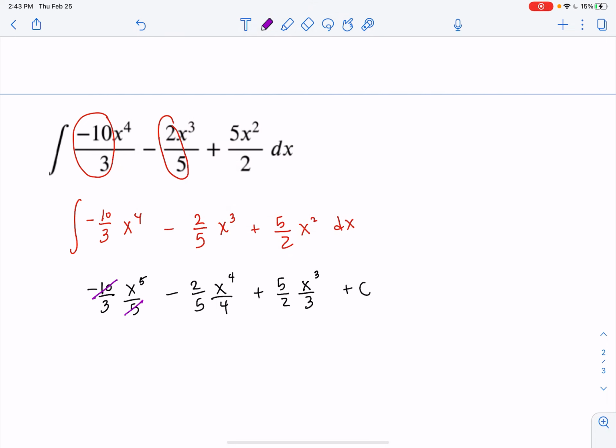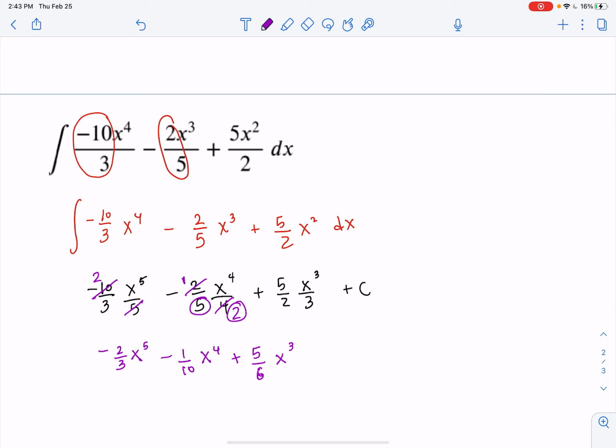So that 10 goes into 5 2 times. That 2 goes into 4 a half a time. And then let's simplify. So I have negative 2/3 x to the 5th minus 1/5, because there's nothing left on top here, just 1 over, actually 1/10, right? I have a 5 and a 2 in the denominator, minus 1/10 x to the 4th, plus 5 over 6 x to the 3rd.